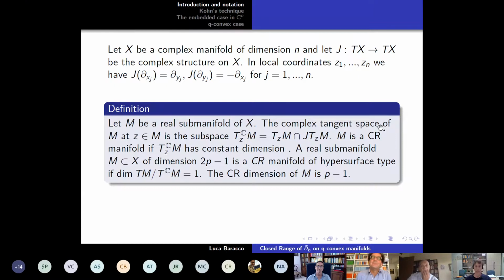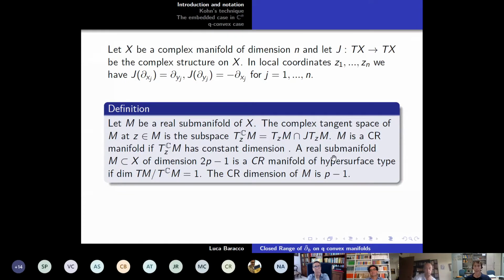The complex tangent space of M at the point Z is the subspace T_Z M intersected with J T_Z M, and roughly speaking it is the largest complex subspace contained in the tangent space to M. M is a CR manifold if T^C M has a constant dimension, and the complex dimension of this bundle is the CR dimension of the manifold.